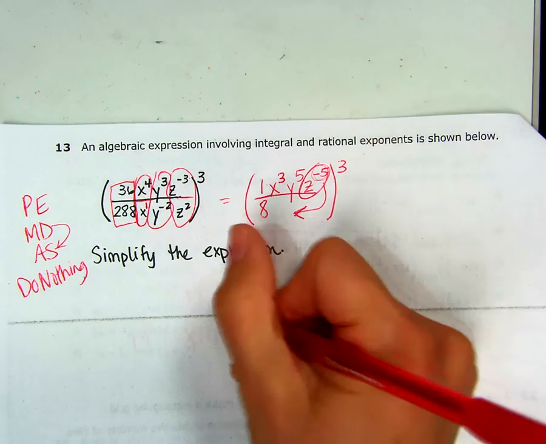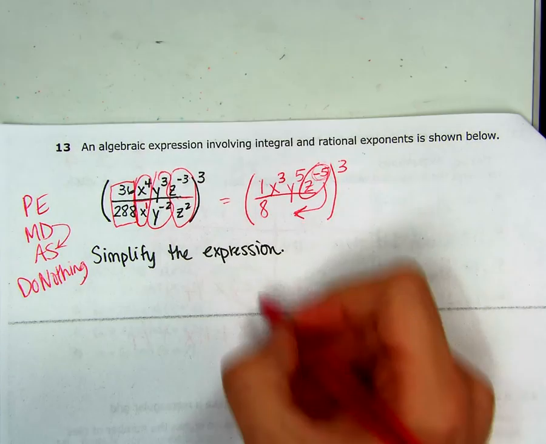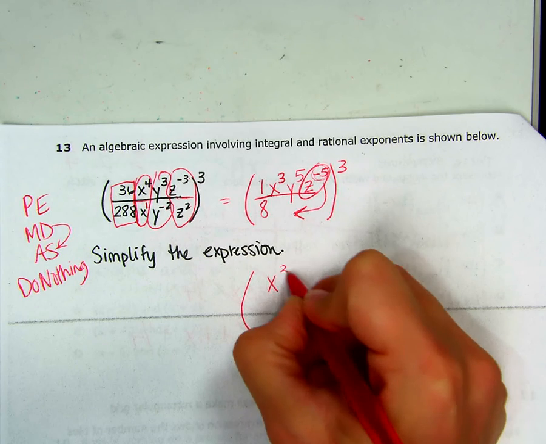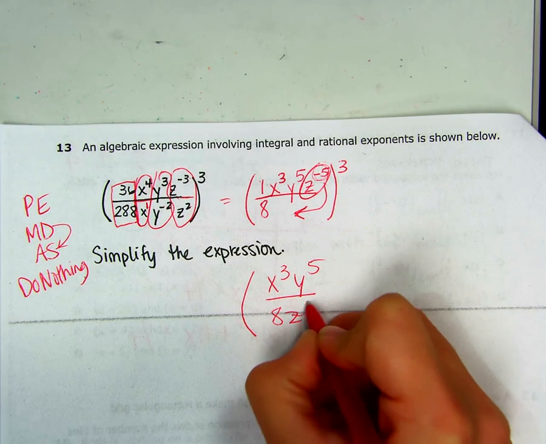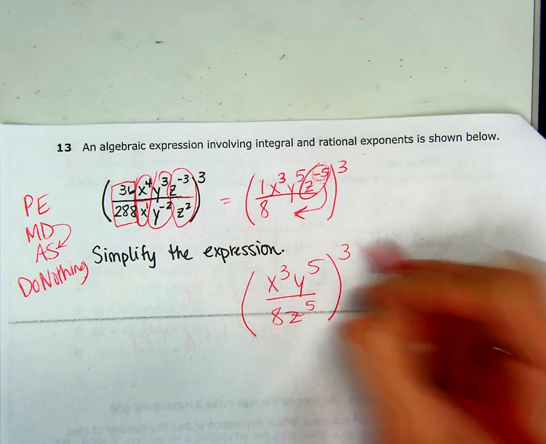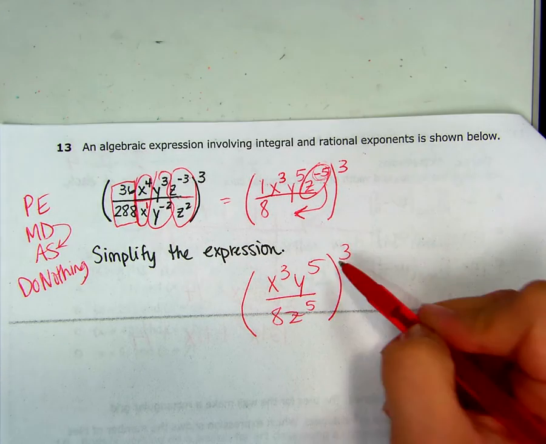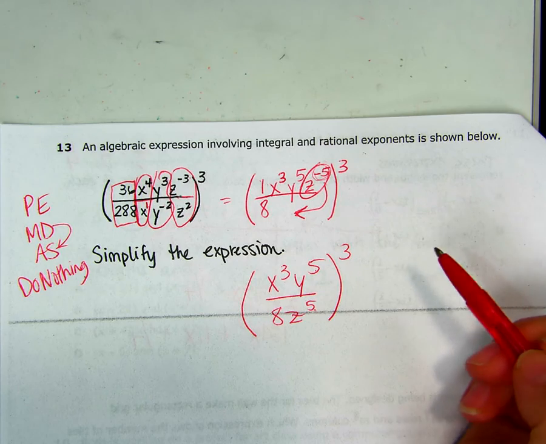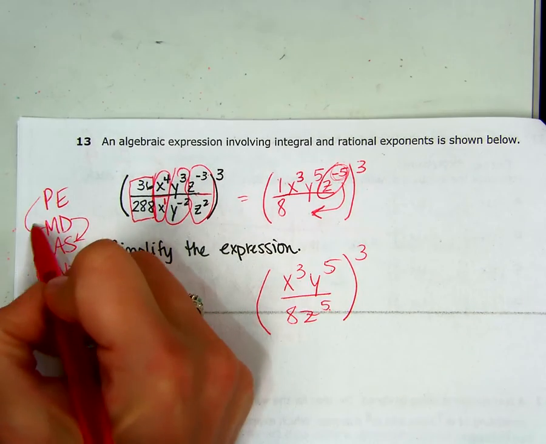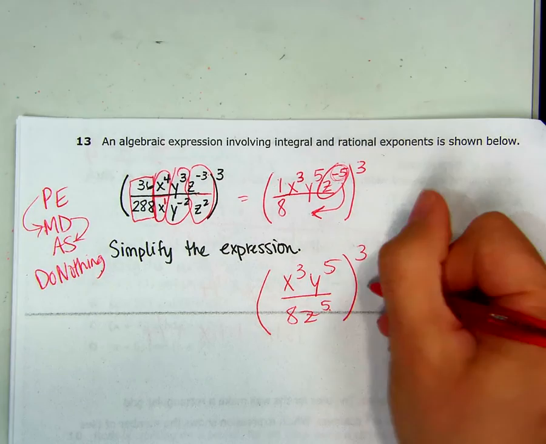So this is equal to, I'm not going to write the 1. I don't need the 1. x to the 3rd, y to the 5th, over 8z to the 5th, to the third power. All right, so now I'm ready to stamp that 3 onto every single one of these bases, remembering that when I've got parentheses, I need to multiply my exponents.